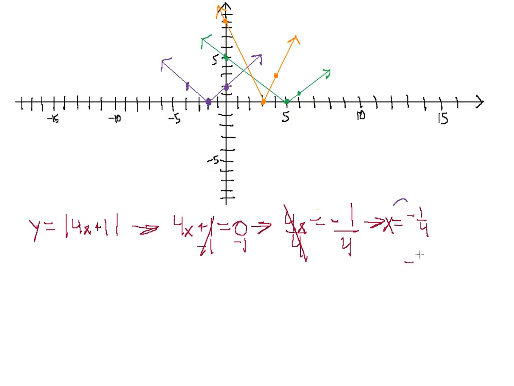So we have the point minus 1/4 and 0 as our vertex. And we can plot that right here, right about there. We should have zoomed in a little bit for scale, but that's okay. All right, now we're going to need a point to the left of minus 1/4 and to the right of minus 1/4. Just because it's a fraction, we don't have to choose two more rational numbers.